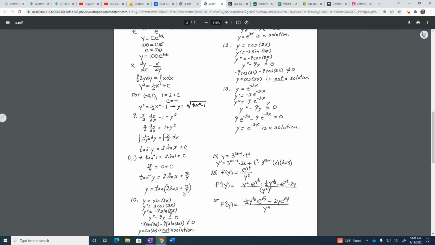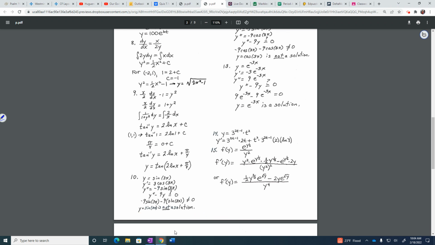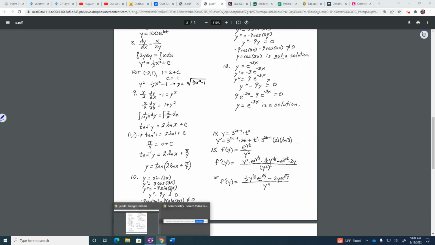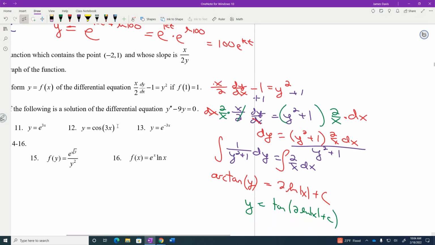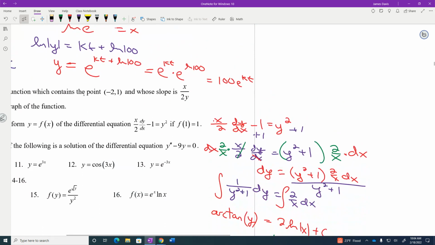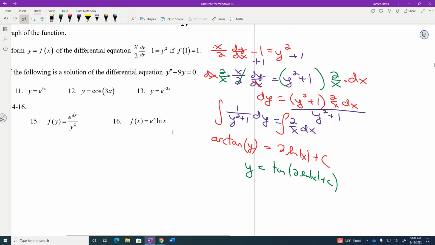So let's see if that's right. Well, I guess there was an initial condition with that one too. Yes, so then we could plug this in to get the c. 1 equals the tangent of 2 times the natural log of 1, plus c.